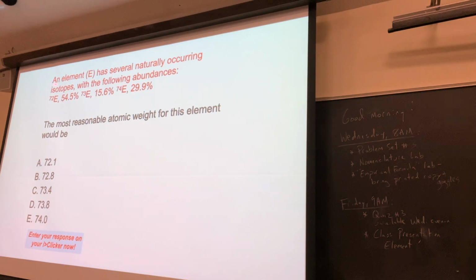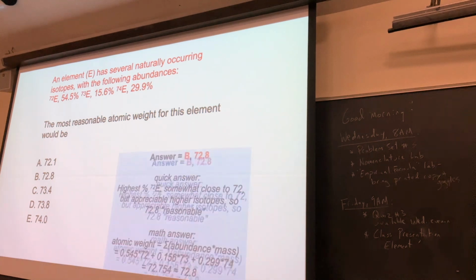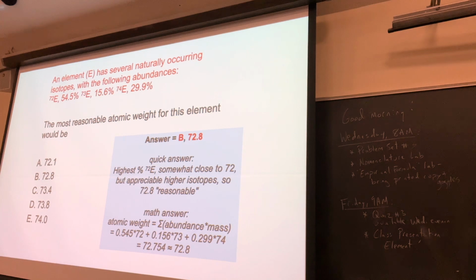So 72 times 0.545. And you would add that to 73 times 0.156 plus 74 times 0.299, et cetera, and that's just as cool too. But either way you do this, it should come out to be about 72.8.